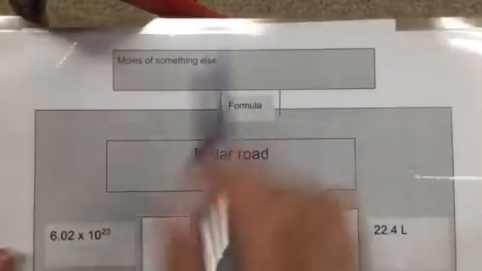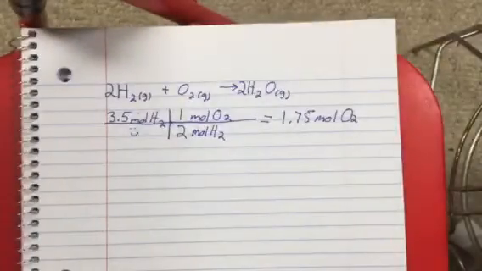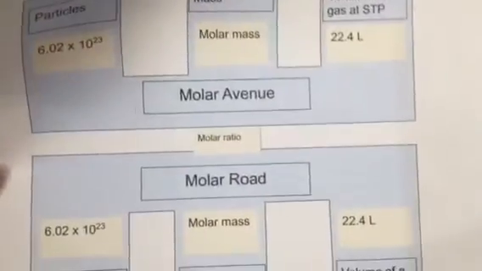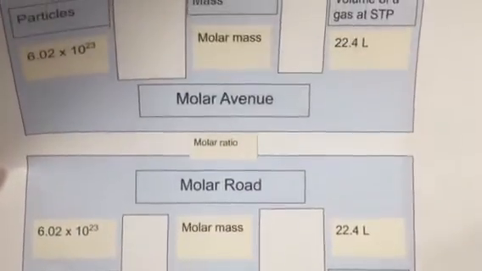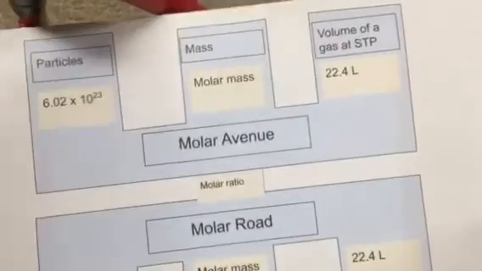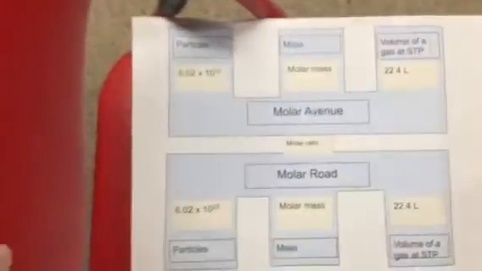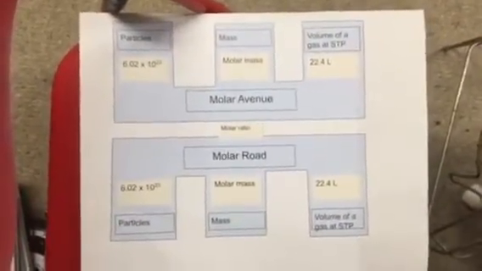What I was doing, setting you up for our brand new, improved, better molar road, yay! You're like, oh God, it's got 2, and why does it have an avenue? Okay, I'm gonna move my camera here just a little bit. Back it out so you can see. Okay, so this is our new and improved molar road.